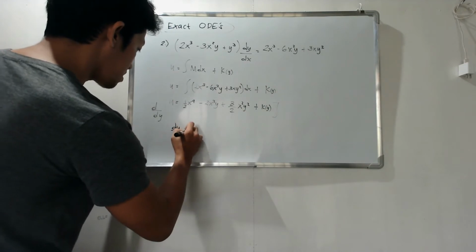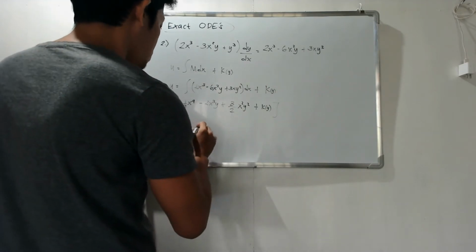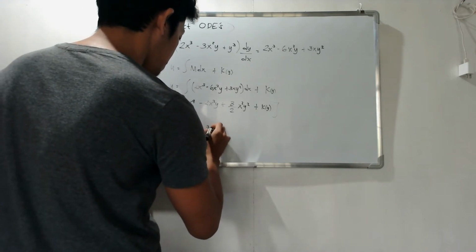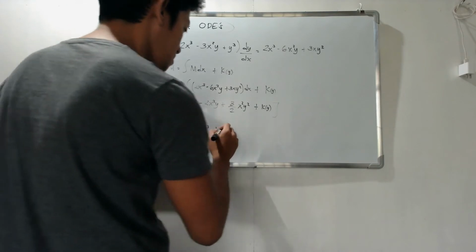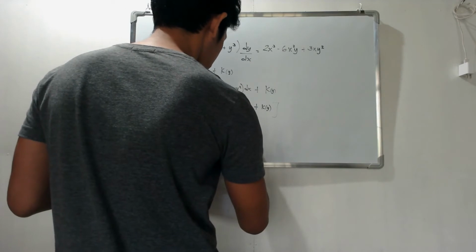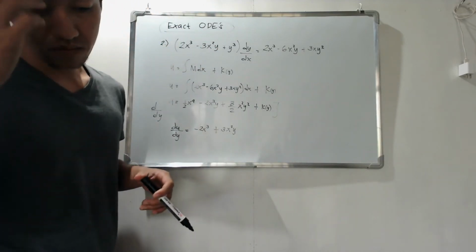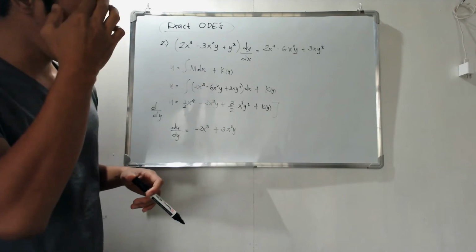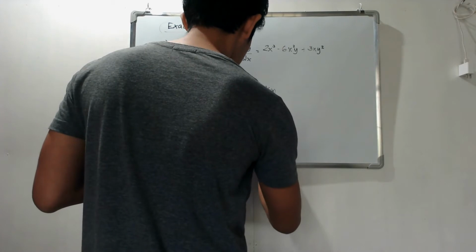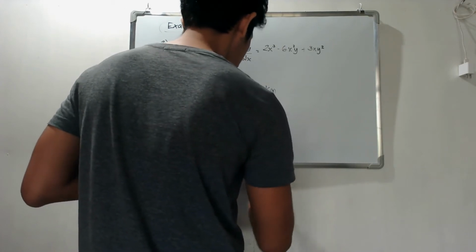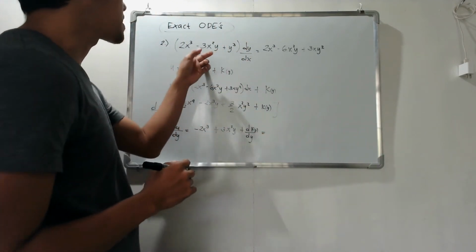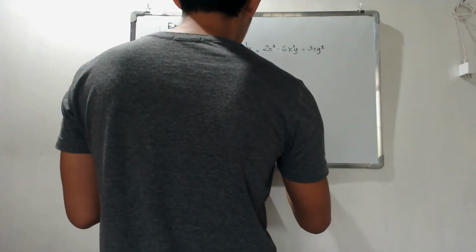Du over dy is equal to this, which is just equal to n.